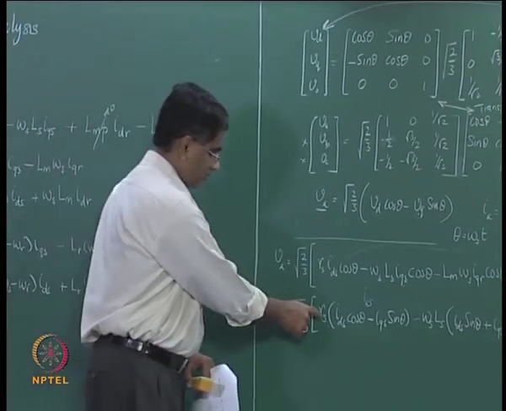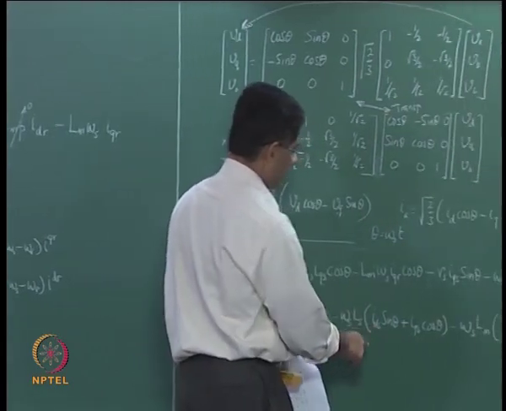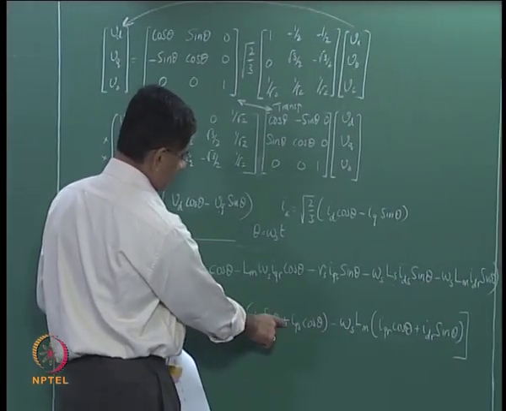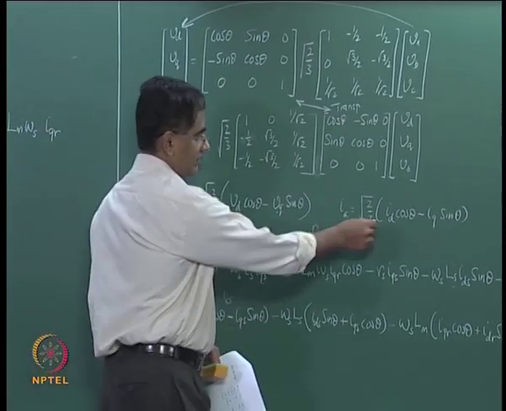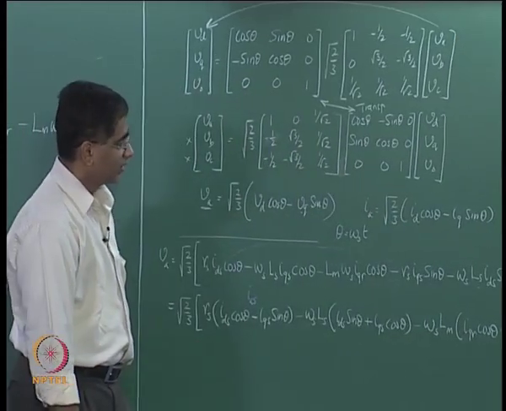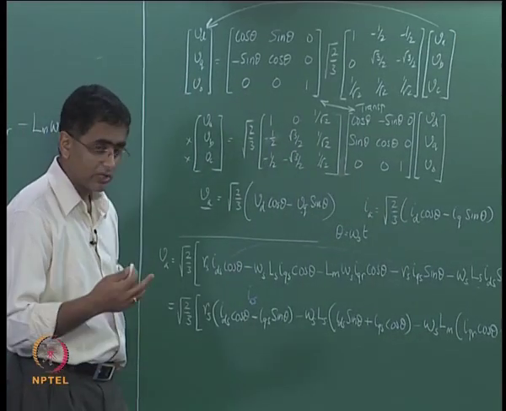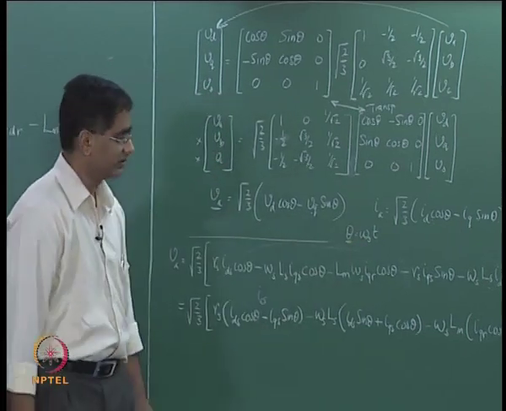So, this term becomes Rs into Ias. When you come here, what you have is Ids sin theta plus Iqs cos theta. So, imagine you were to differentiate this term with respect to t, considering the fact that theta is given by omega s into t.